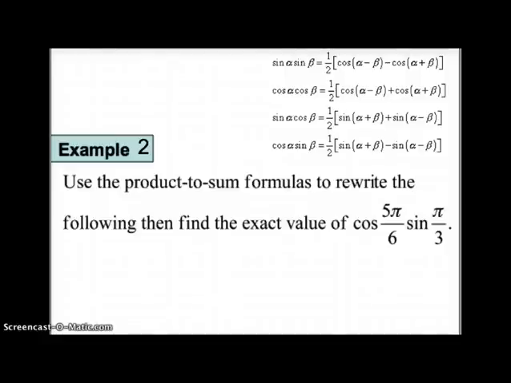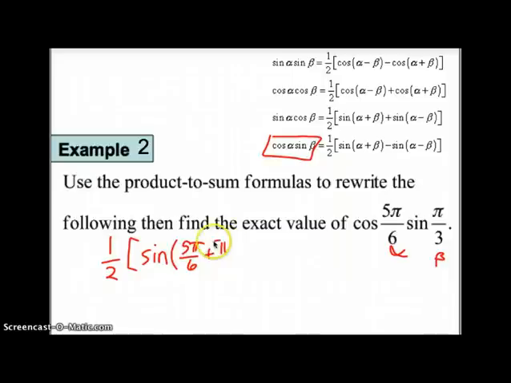It looks like we have alpha is here, beta is here, and we're going to use the last equation. So we're going to have 1/2 of the sine of the sum of the angles, so 5 pi over 6 plus pi over 3, minus the sine of alpha minus beta, so 5 pi over 6 minus pi over 3.